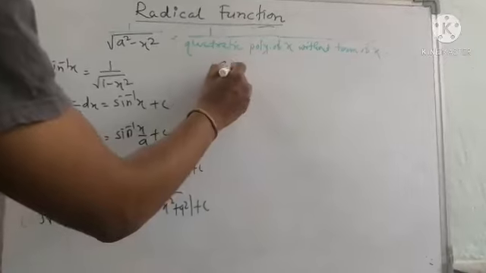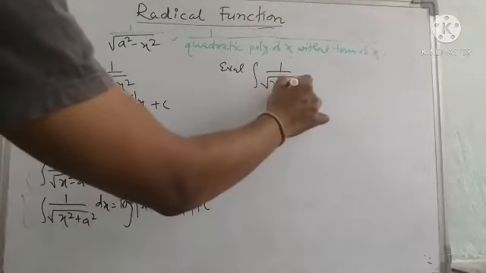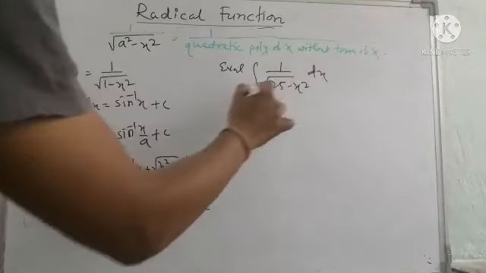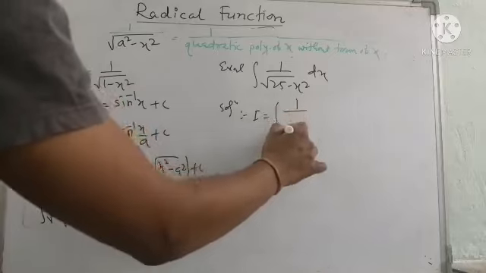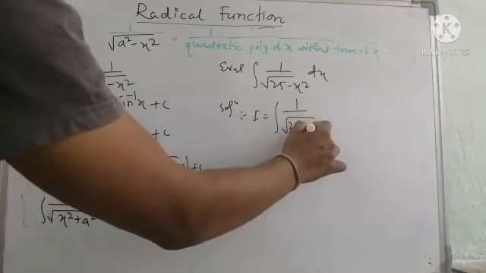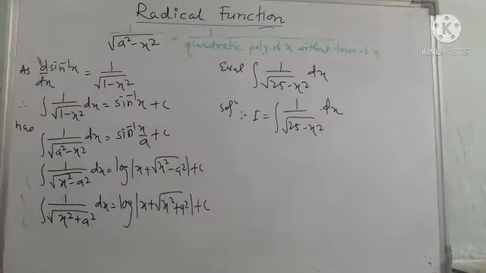The first example is to evaluate the integration of 1 upon root of 25 minus x square. Now in the solution I put I. In the numerator there is a 1, so this is the radical form, as the denominator contains a quadratic polynomial in a root. Remember, with root and without root, both are different.